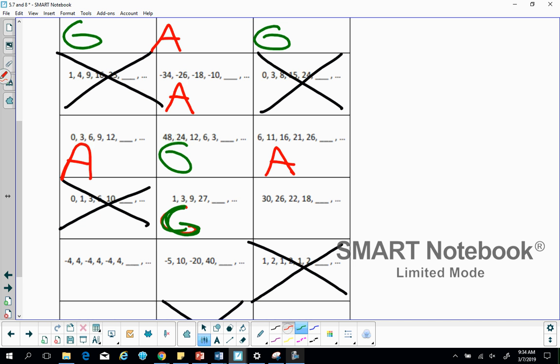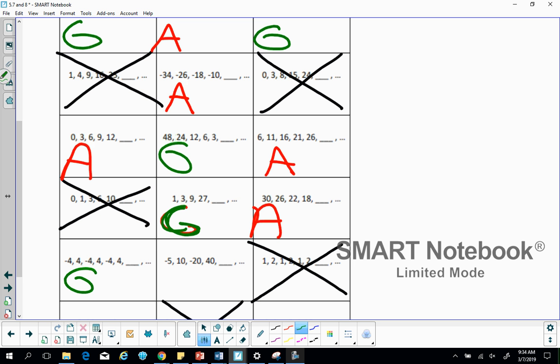Kamari, what's the next one? Good. Bertiana, what's this one? It is geometric. Victor, what's the next one?